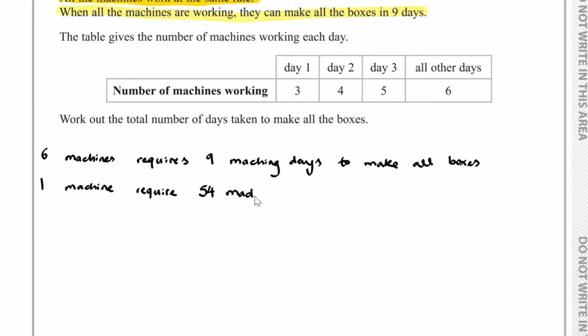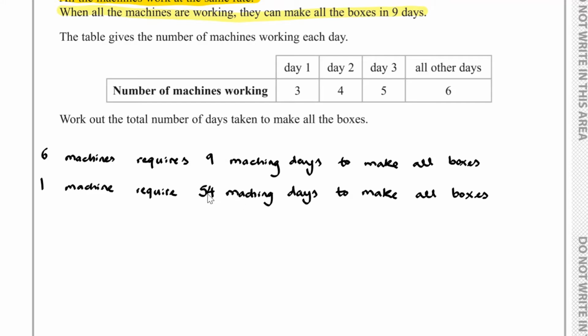So one machine would require 54 machining days to make all the boxes. And that makes sense if you think about it.